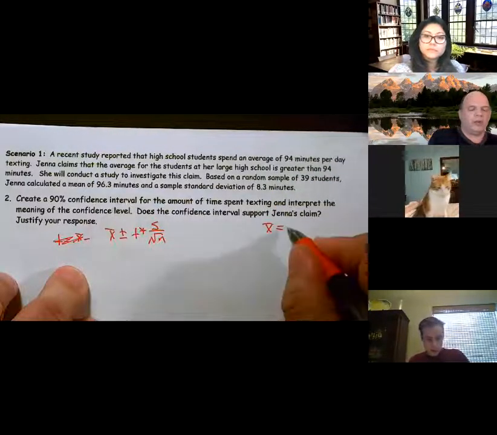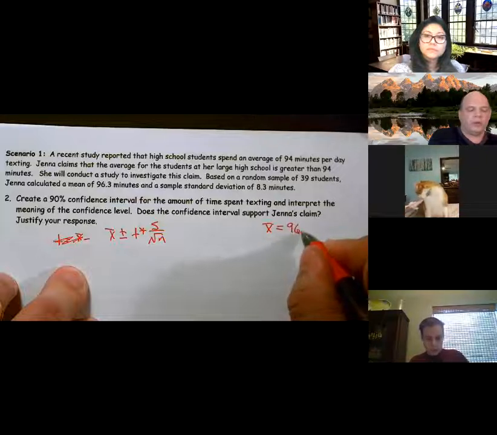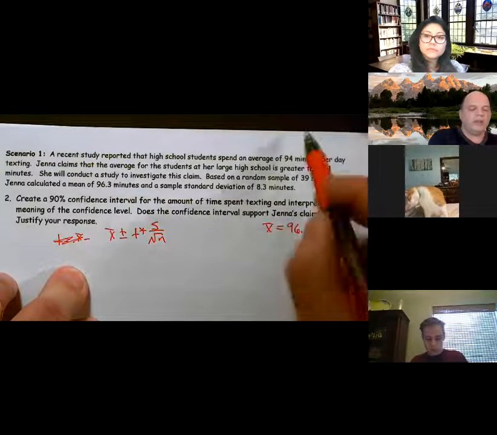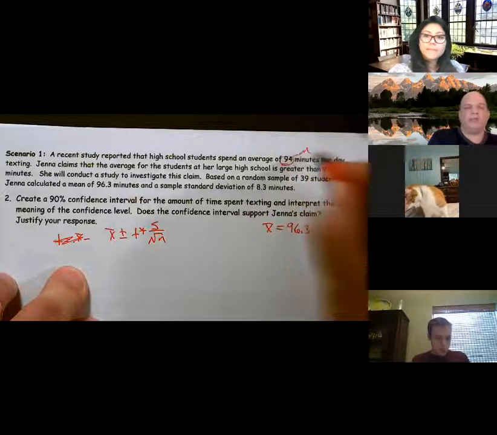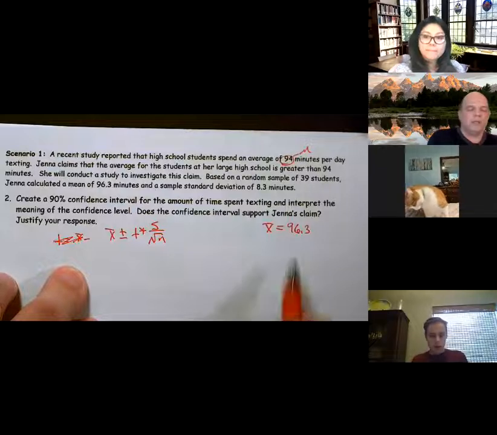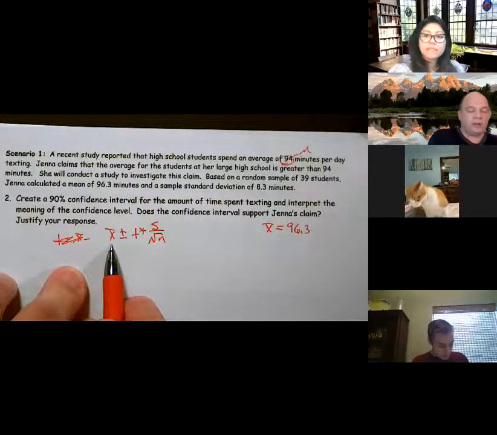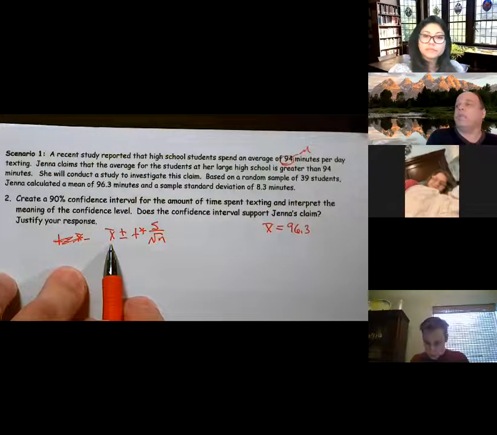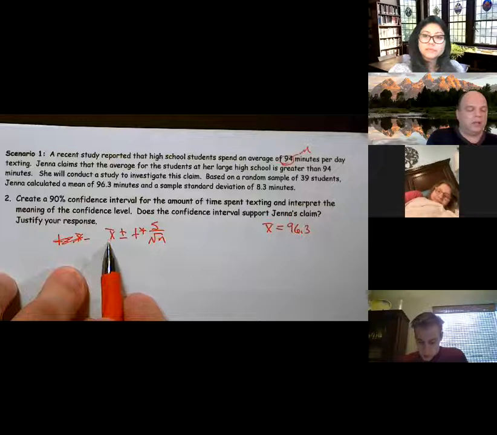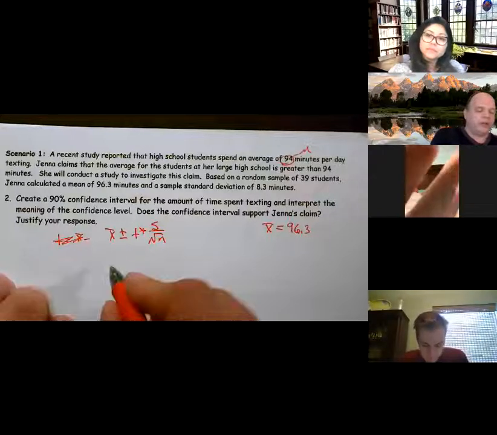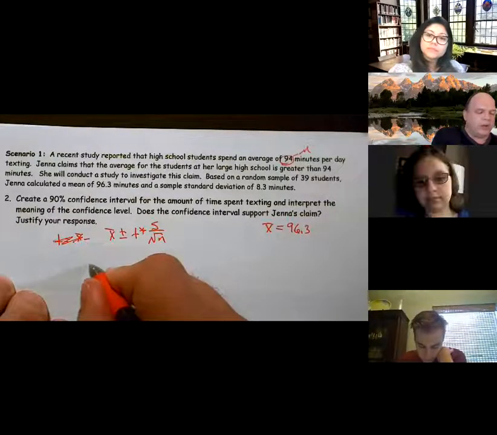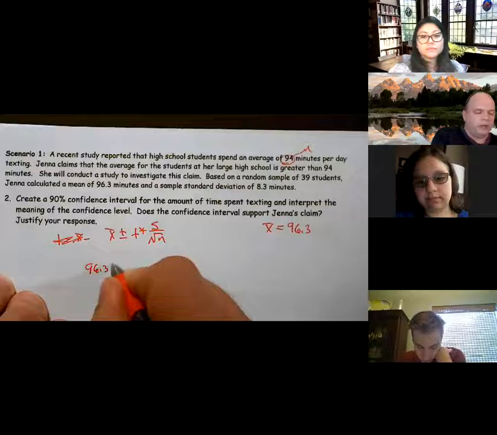Our x bar is the sample mean, which is 96.3. This is not the supposed population mean, that's the claim mean, but the confidence intervals are based on the sample mean. So I'm going to start plugging in what I know, and I know it's 96.3 plus or minus.